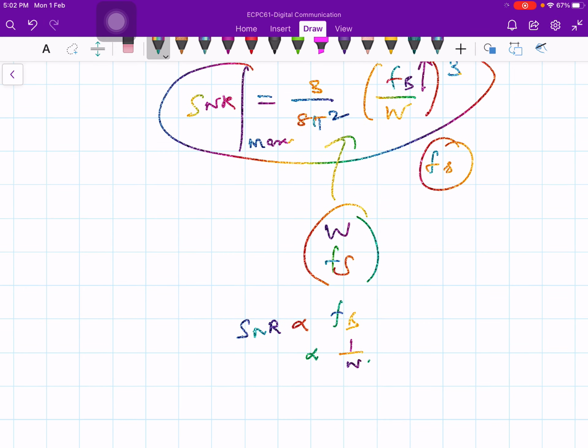Clearly, if the sampling rate is increased, then the better SNR you will get. The larger the sampling rate that you use, the larger the SNR that you will get, because you will get a better staircase approximation for your original signal.